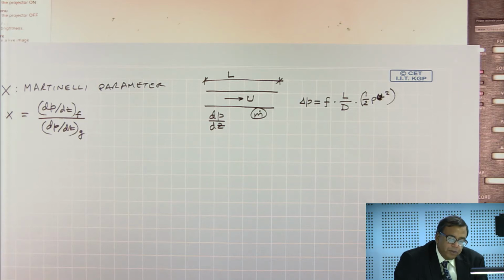So, instead of u, if I write it in terms of m dot, I can write my u as m dot divided by rho a, and that is it.